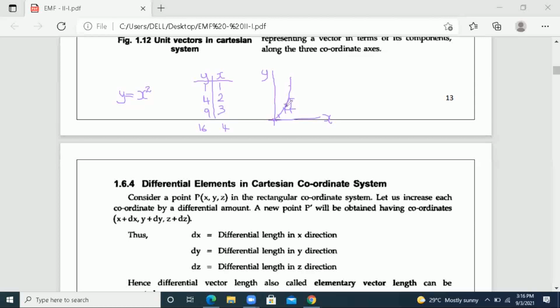And this is the point which has a value x. So to go from here to here, we change a small x.